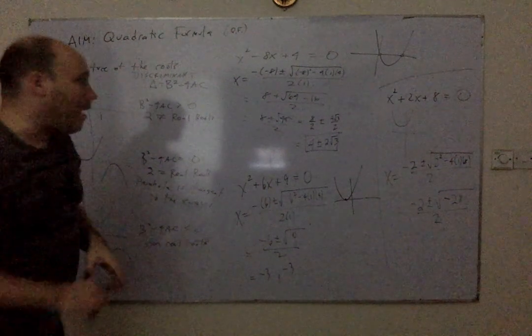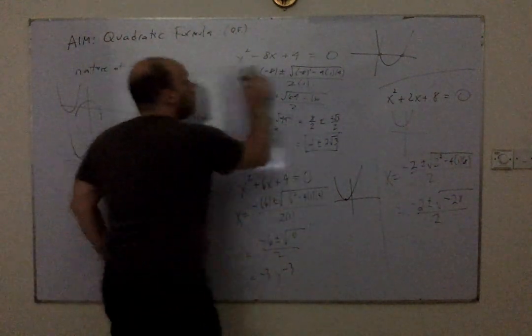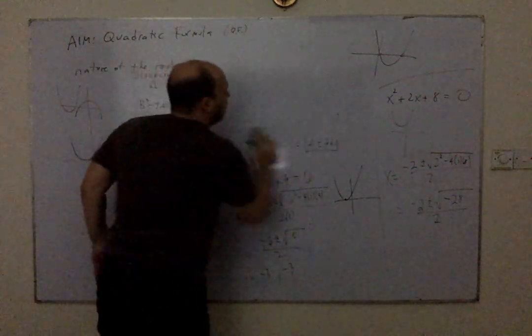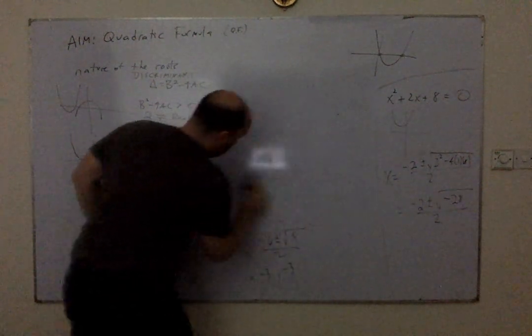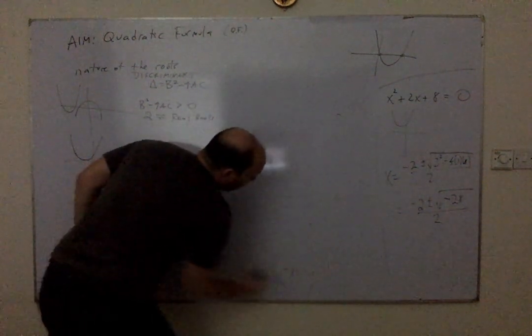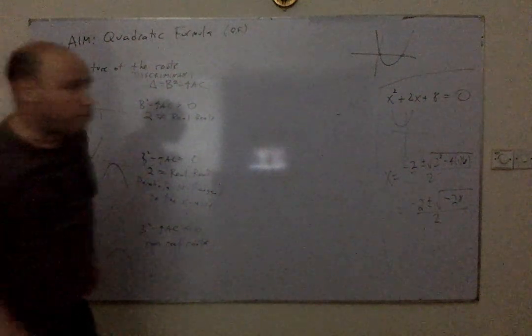You are going to be asked questions dealing with the nature of the roots. So what they're going to say is, here's a perfect example. They're going to give you a quadratic.